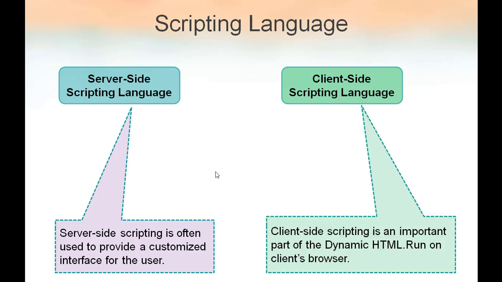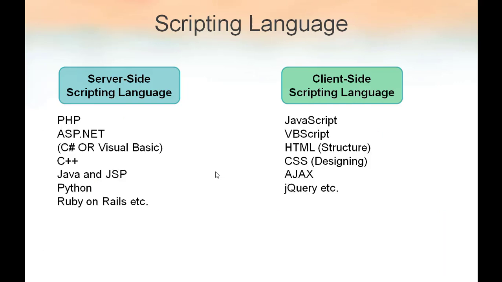Client-side scripting is an important part of the dynamic HTML. It runs on client's browser. These are the examples of server-side and client-side scripting language. PHP, ASP.NET, C# or Visual Basic, C++, Java and JSP, Python, Ruby on Rails, etc.